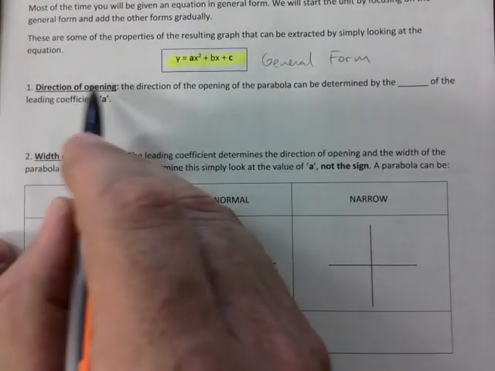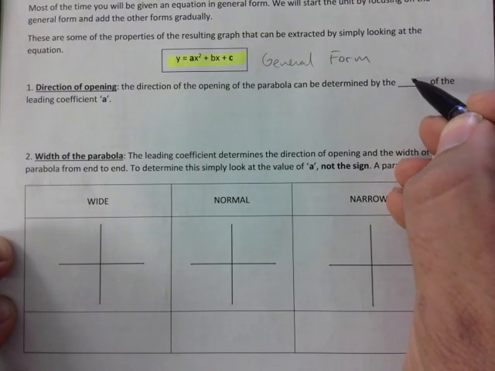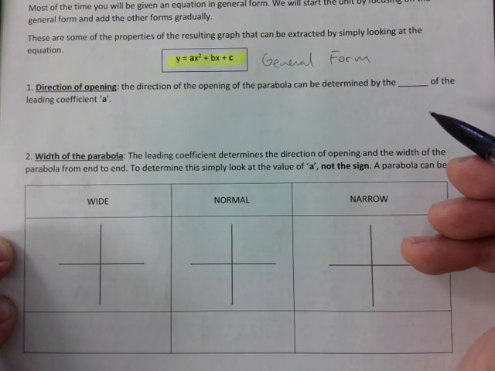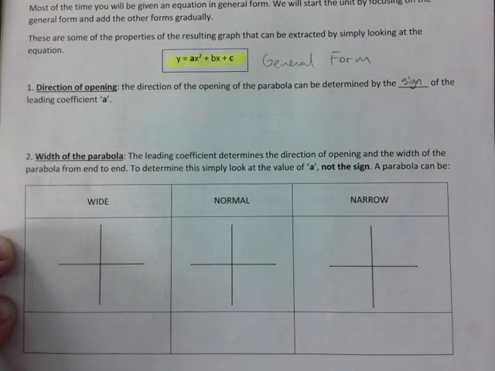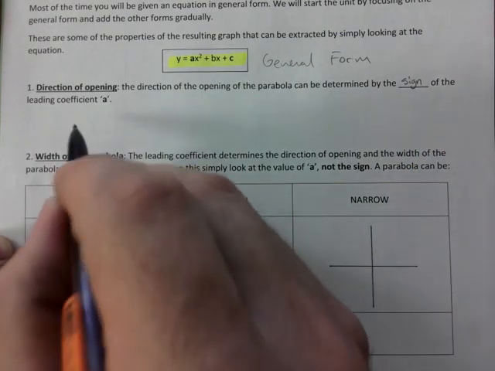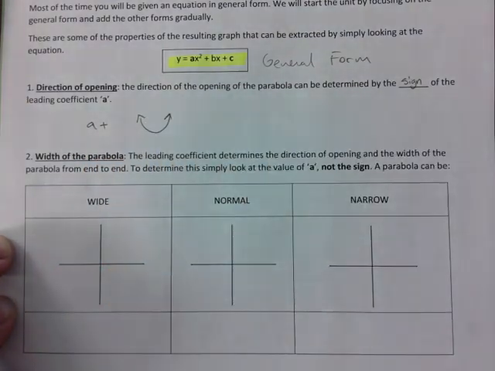So the direction of opening can be determined by the sign of the leading coefficient. So if A is positive, you know without even typing this in and graphing it that your parabola is going to be pointing up. The ends are going to be pointing up.